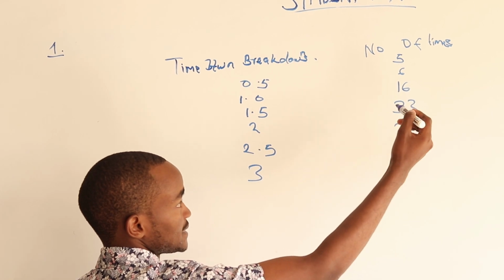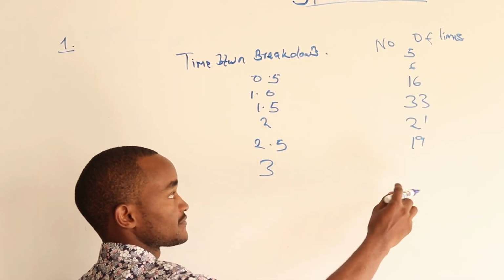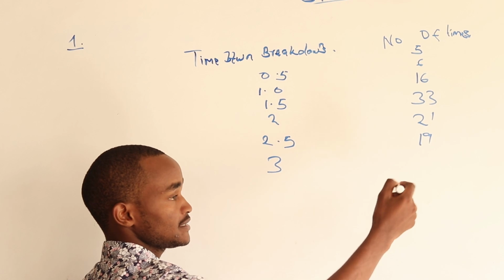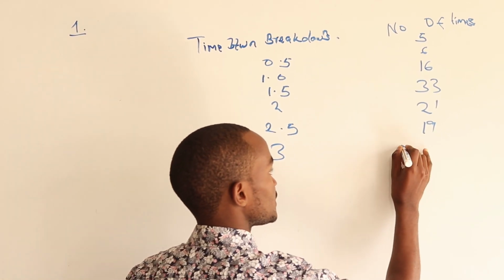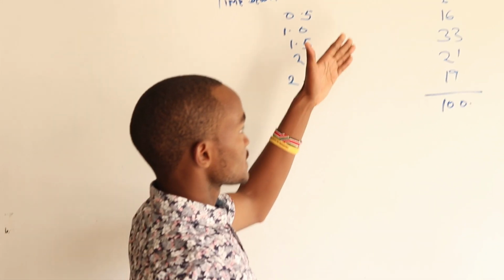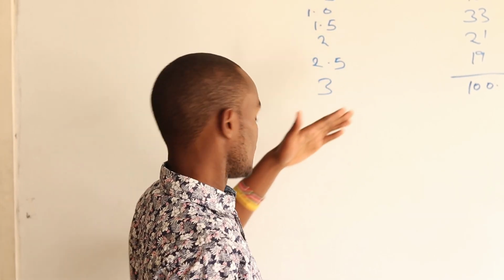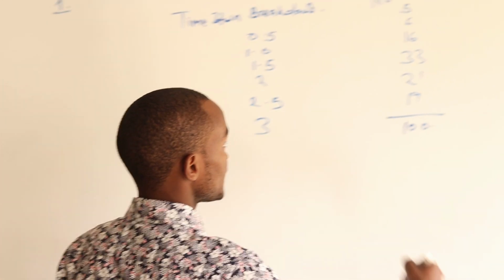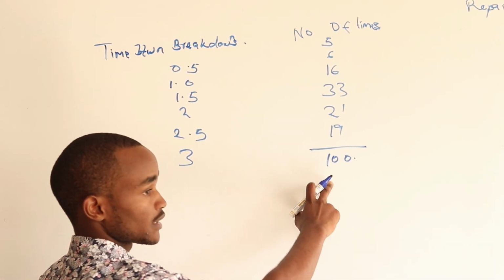So 5 plus 6 we get 11, plus 16 we get 27, plus 33 we get 60, plus 21 we get 81, plus 19 we get 100. In order for us to get the probability, the first thing we'll do is divide each by the total.